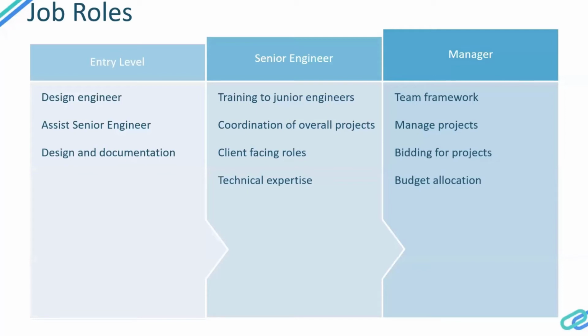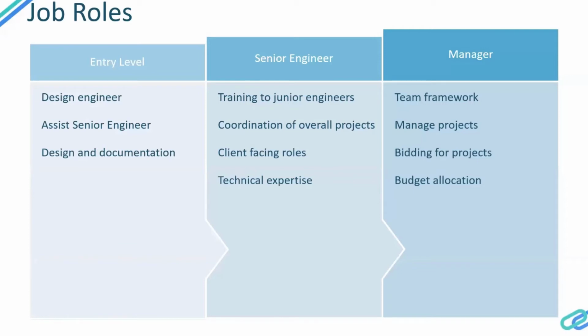Then in the entry position, we will assist our senior engineers for a live project for design, and we will assist them for preparation of design documentation and drawings. So from there, when we go to a senior level, at mid-senior level, the senior engineer will still be involved in design of buildings, but other than that, they will also be involved in additional jobs like handling the training of junior engineers, overall coordination of projects.